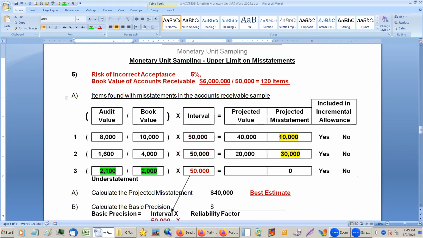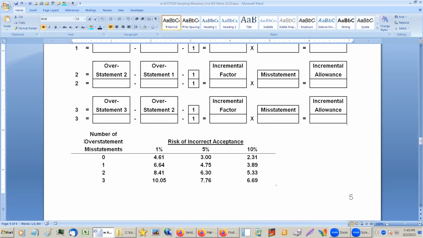This is at 5%, so at 5%, coming down here, 0 overstatements, we are going to multiply this by 3.